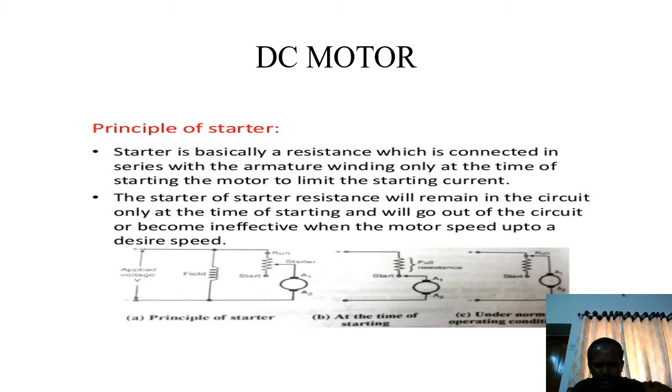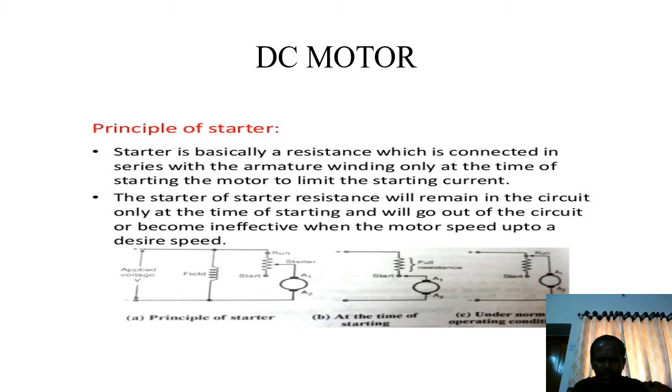Here the shunt field is connected, and there is a rheostat; at the middle of the point, at the bottom of the point, at the top of the point we are observing. A variable rheostat. The starter is basically a resistance which is connected in series with the armature winding, like a rheostat.